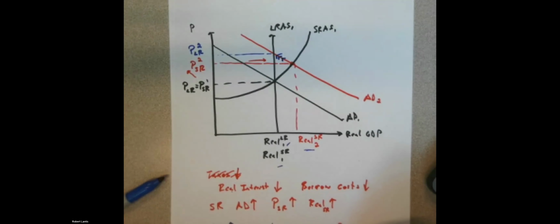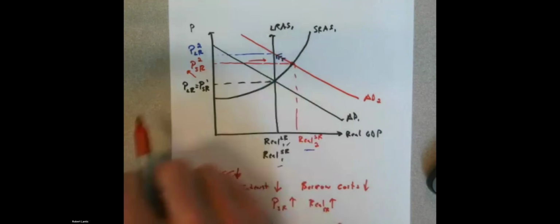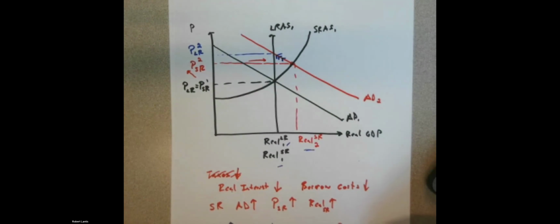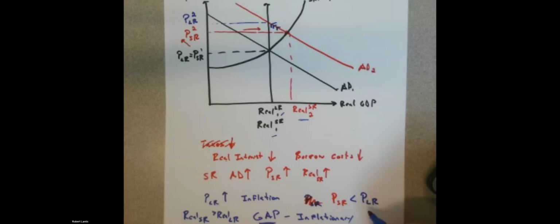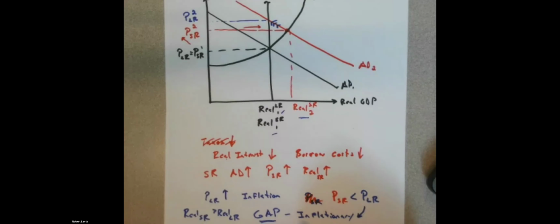The price that we currently see in the short run is less than the price we know we're going to get to in the long run, in which case prices are going to increase, which is another way to remember this is an inflationary gap. This gap in GDP exists because we know there's going to be inflation moving from the short to the long run.